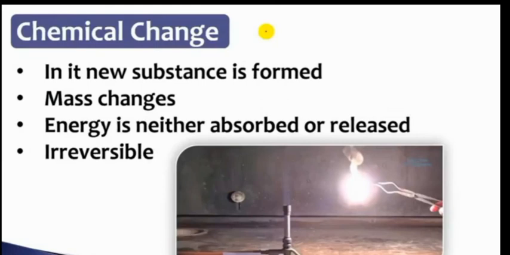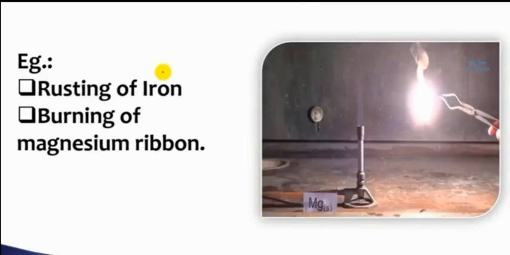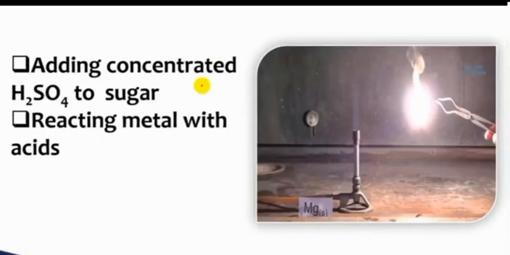When we burn magnesium ribbon, magnesium oxide is formed, and this magnesium oxide does not turn back into magnesium ribbon, so a chemical change has occurred. Rusting of iron is also a chemical change. Adding concentrated sulfuric acid to sugar and reacting metal with acid are all chemical changes.